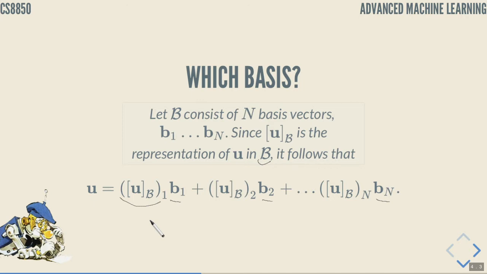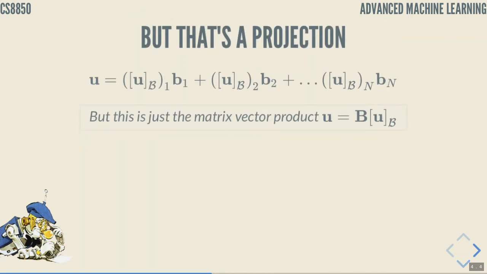That's true for your standard basis, but it's also true as you see here, right? And this is nothing but a projection matrix vector product, which we just wrote, and I just redefined.